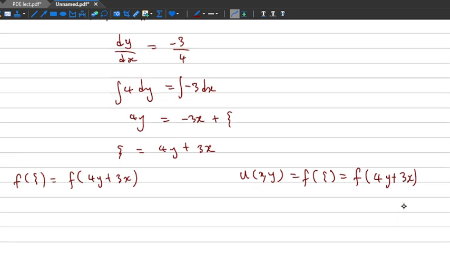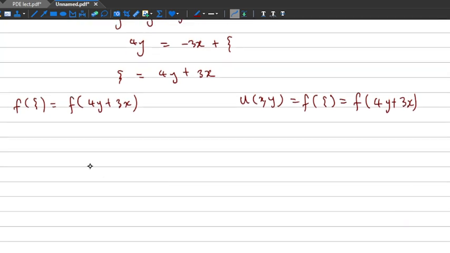Okay, so we're here. Now suppose we have some initial data. Okay, suppose we have initial data u of 0 comma y equals sine y. You are asked to find the general solution if you have this initial data.